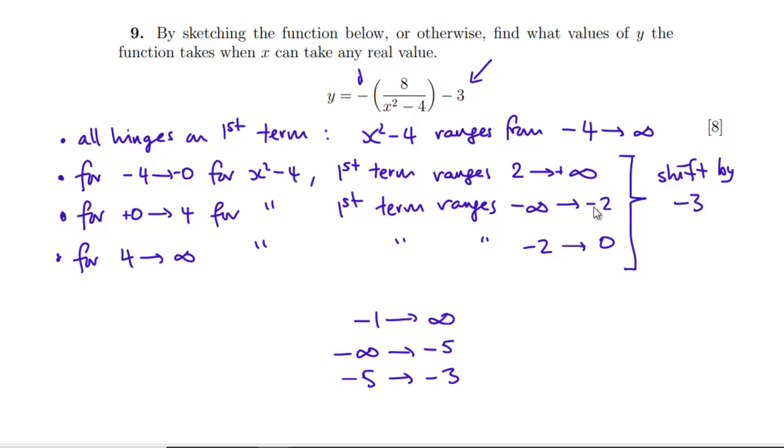So the bit that we're not going to get is anything between -3 and -5. So are we going to actually include any of those actual numbers then? So which ones are we going to touch on these? Because we're not going to get to the -3 when we go to infinity, because that's going to be below it. So we can't include the -3.